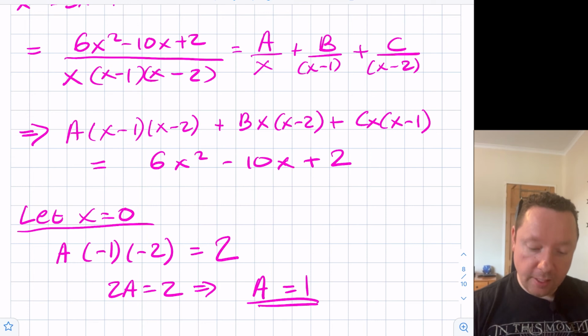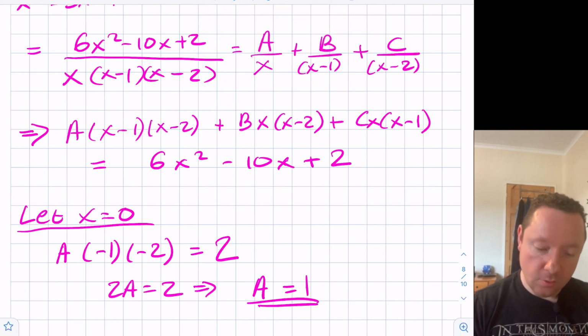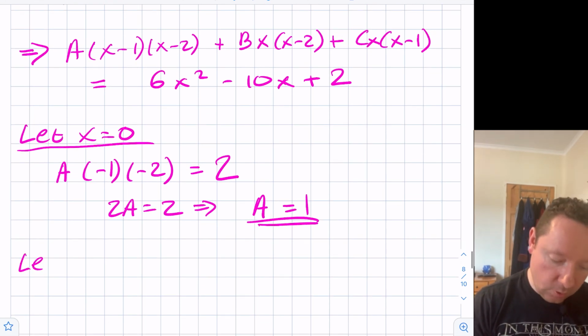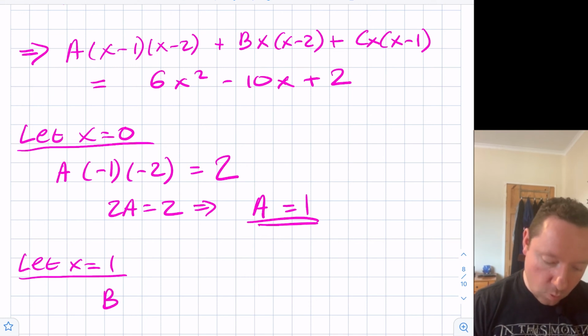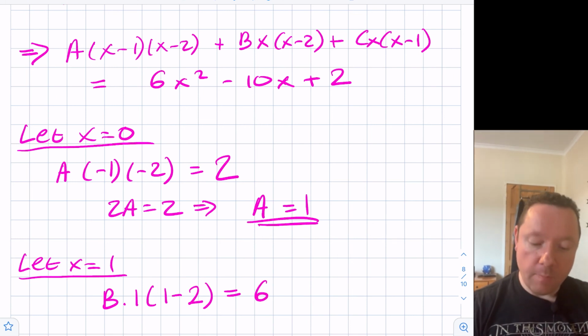We can now try and find b, because we can let x now equal 1, because if we let x equal to 1, 1 minus 1 is 0, 1 minus 1 is 0, so it will eliminate the a and c. So if we let x equal to 1 here, then we will get b times 1 times 1 minus 2 equals 6 times x squared, so 6 minus 10 plus 2, the right hand side.